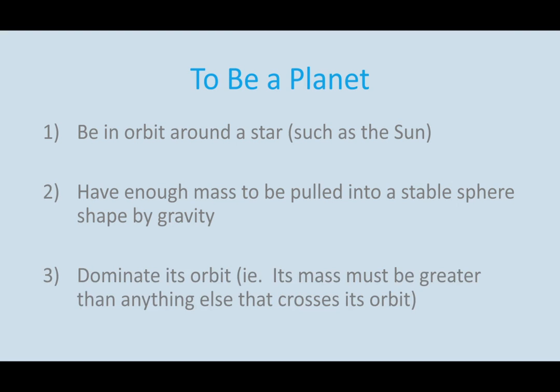And it needs to dominate its orbit, which means that its mass must be greater than anything else that crosses its orbit. So when it's circling the sun, it can't come across anything else that will affect its orbit or change its trajectory.